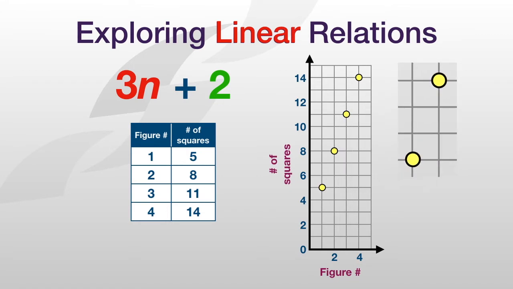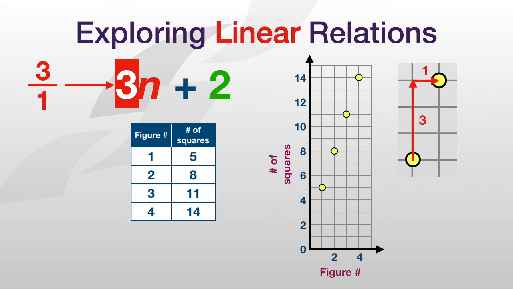Notice that to go from one point to the next, you go up 3 and right 1. This fraction is equivalent to the number 3, which corresponds to the numerical coefficient in the expression. Because this fraction describes how the vertical change compares to the horizontal change, it is called the rate of change.